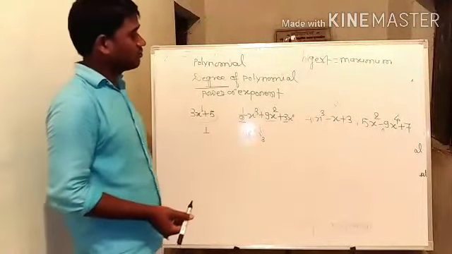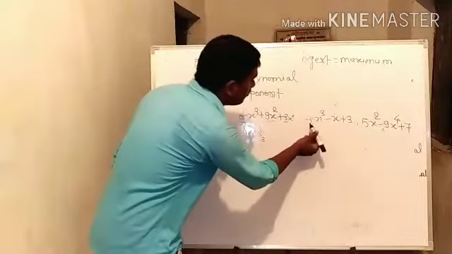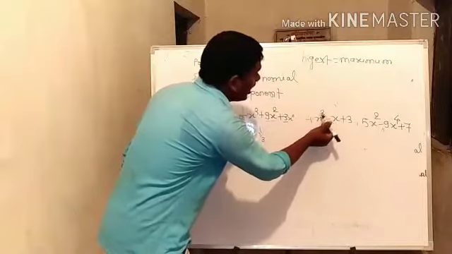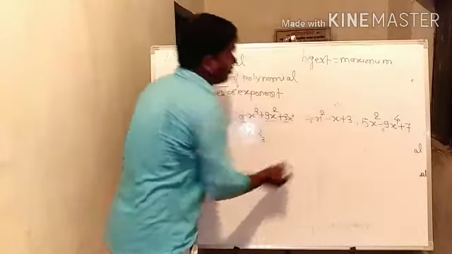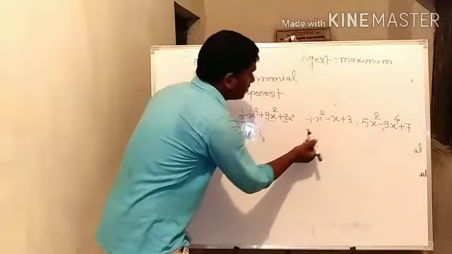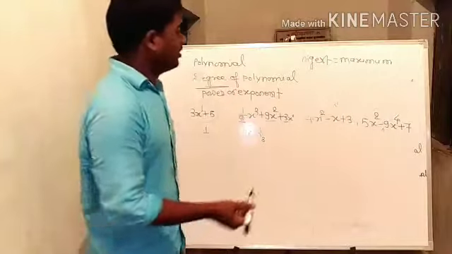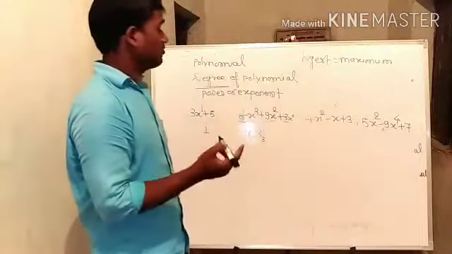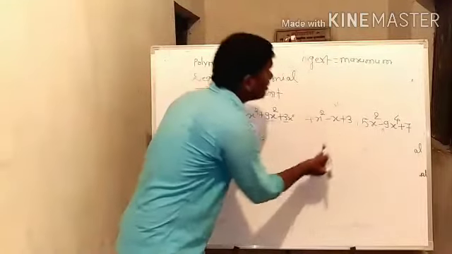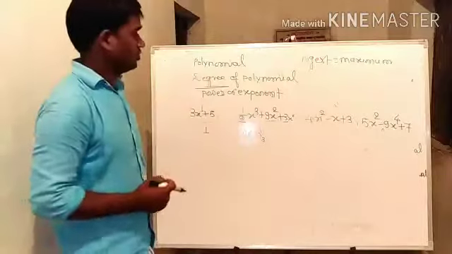In the third example, suppose 4x square minus x plus 3. In this polynomial having 3 terms, 4x square is the first term, minus x is the second term, and 3 is the third term.